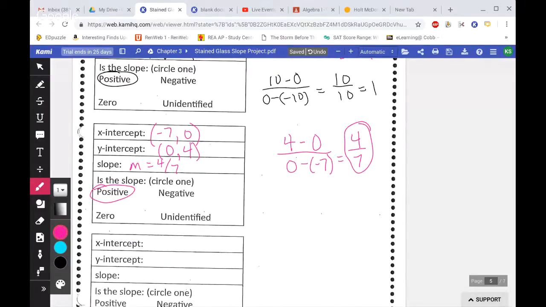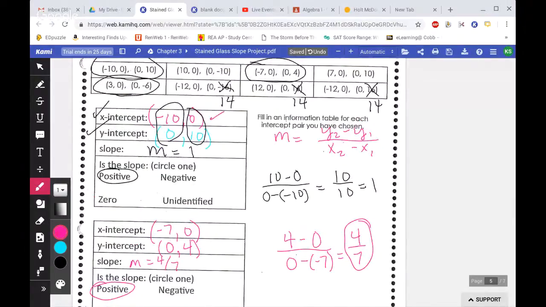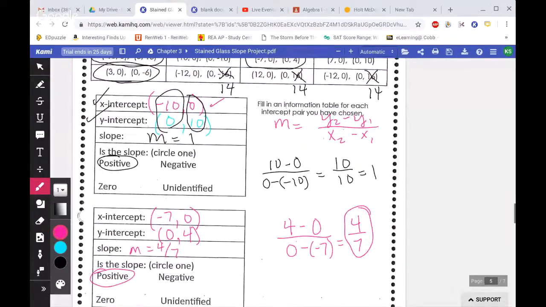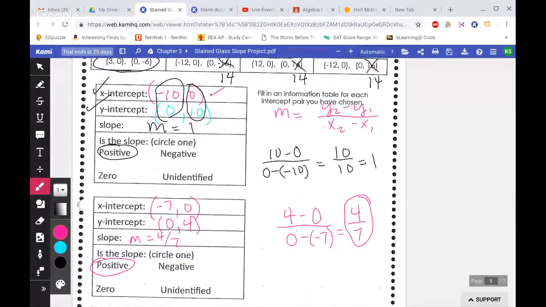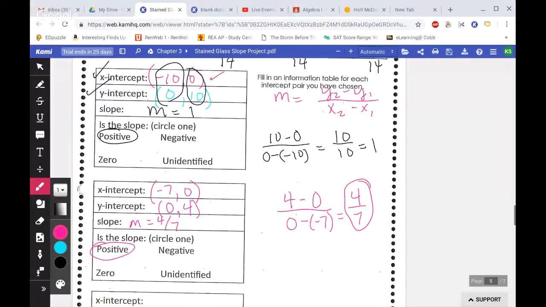Could you do the one with the 16? Yeah, which one, baby? The 12 and 0 and 0. Or the 14. Okay. Do you want me to do the 14 since you haven't done it yet? Yes, please. Okay. Make sure that you make that notation on your paper, okay, love?